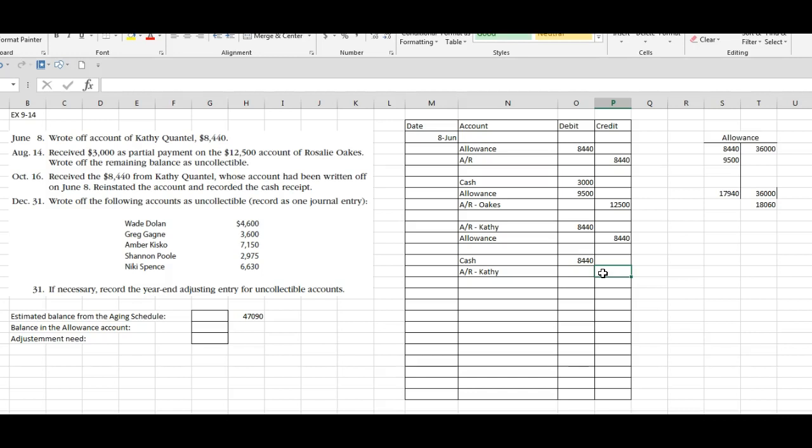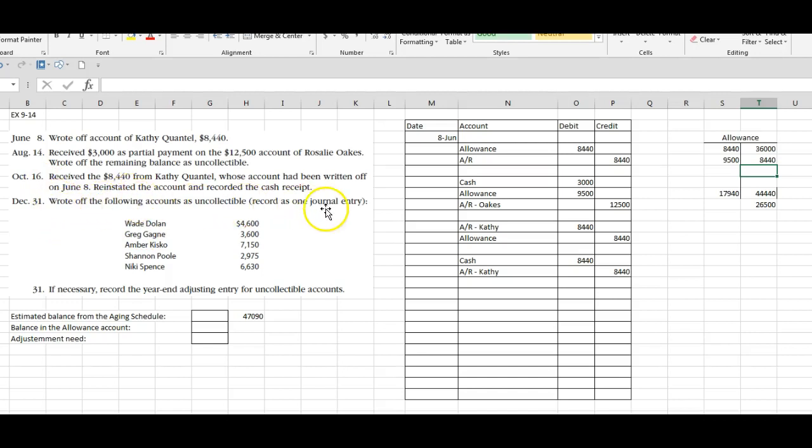A two-step entry, and that's kind of hard to remember. Right, Kim? Just a bit hard to remember. But now I have to do an adjustment over here, so I've got to add that $84.40 back in because I took it out, now I put it back in.